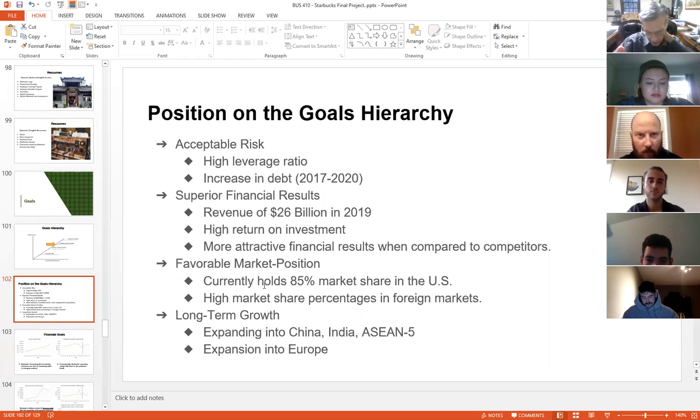There's a little bit of a concern about financial risk, but not much. Financial results have been good in the past. They've got a good high rate of return, but they still do have this high debt. They've got a good market position where they are, but they've got some room to grow.